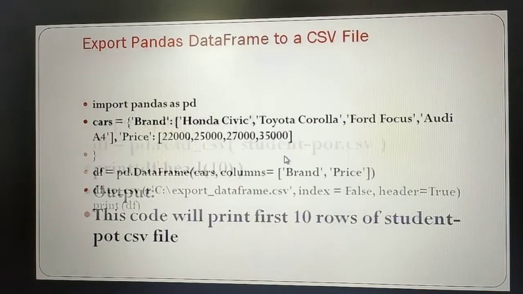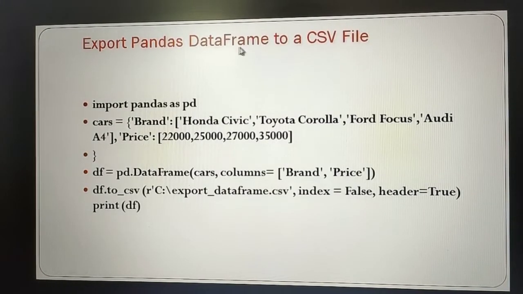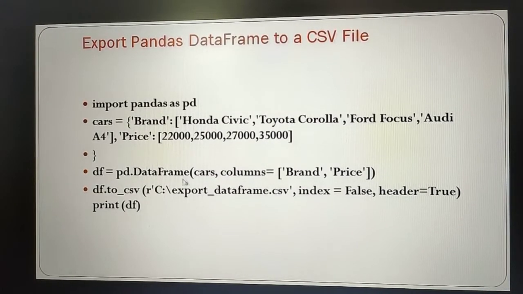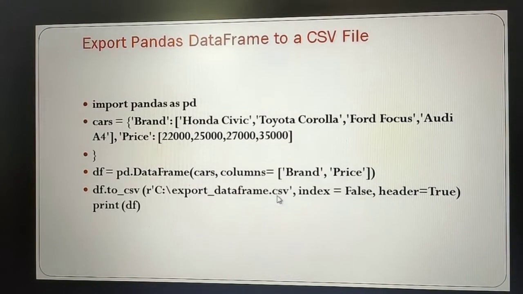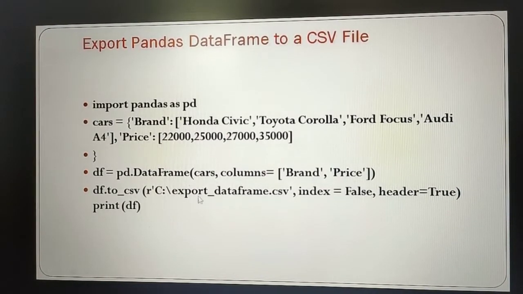You can write a program to export a Pandas data frame to CSV. You can do import and export. Export means you can upload your files also. So this is another example. Here the file is stored in the C drive, export data CSV. This is the file name. I am exporting this file to a CSV file.